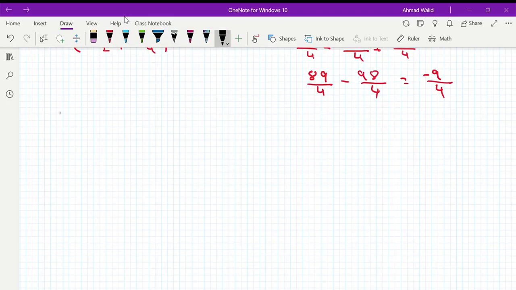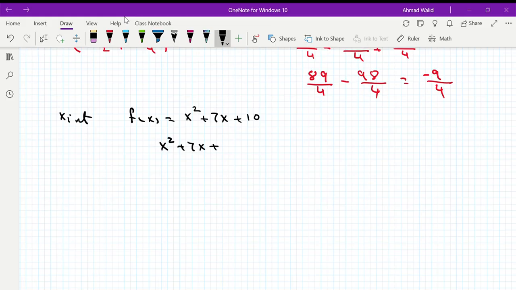I think the function was like this. F of x equals x squared plus 7x plus 10. Set it equal to 0. It means x squared plus 7x plus 10 equals 0. I can factor it immediately. This one is easy.